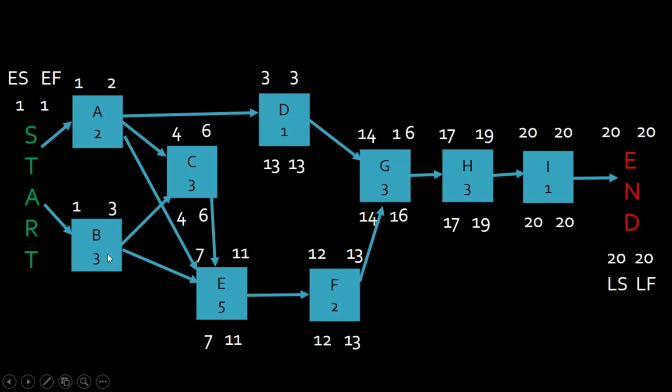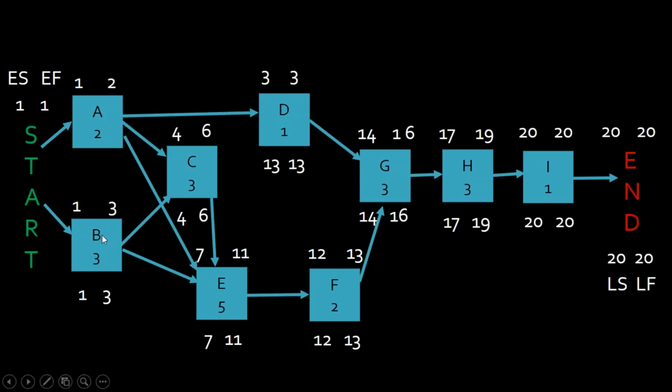Task B has to worry about both E and C. I did this on purpose. B has to be done by day 3, even though E doesn't need it until day 7, because C does. So in the dependency rule, it's the soonest dependency that you need to worry about.